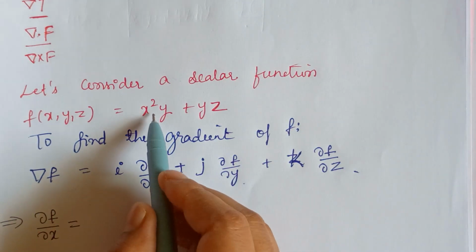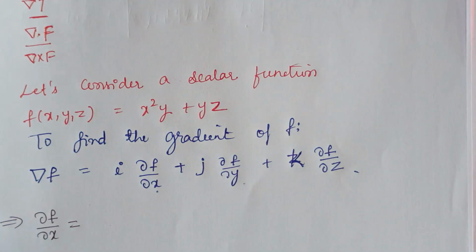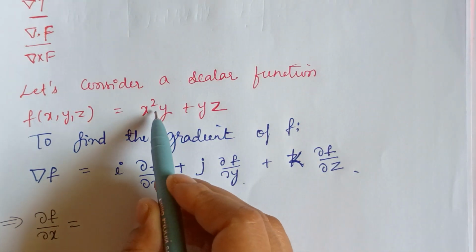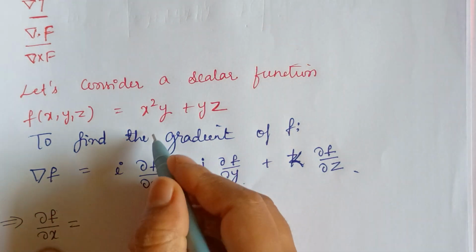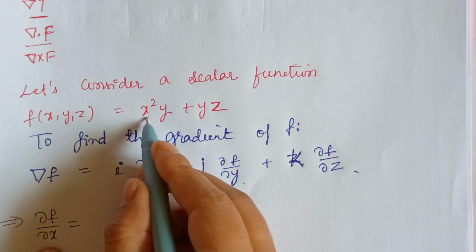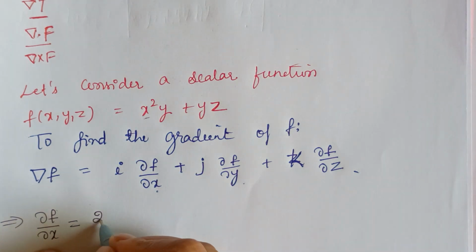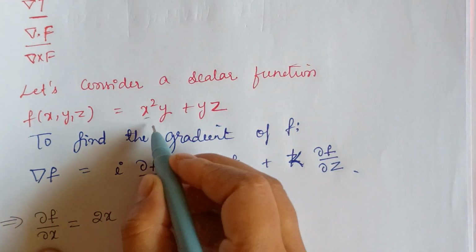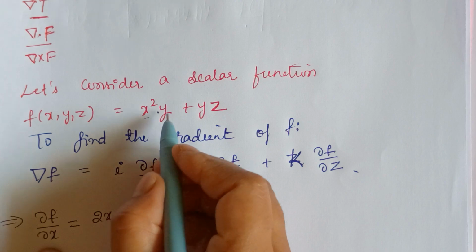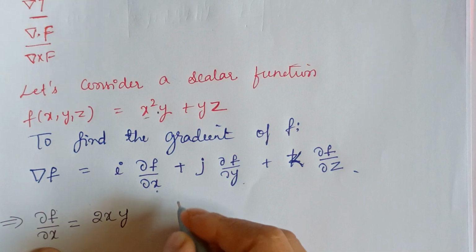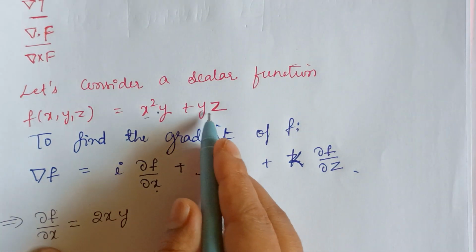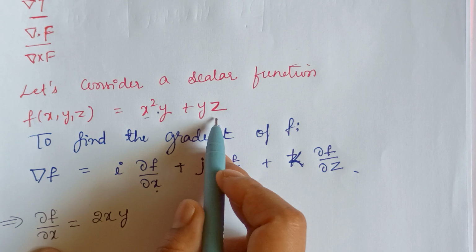I'm differentiating with respect to x, and I will consider all others as constants. So the partial derivative of x squared y with respect to x is 2x, and as y is a constant multiplier, you write it as it is. That is 2xy. Plus, in yz you don't have any x, so this is 0.